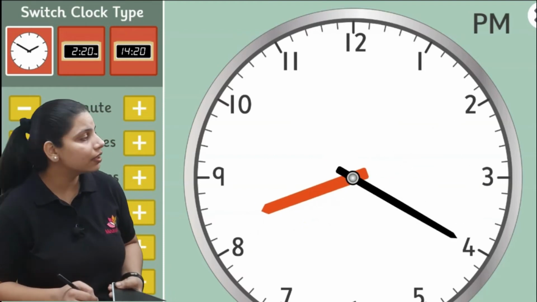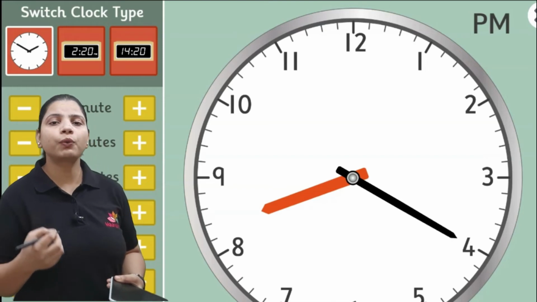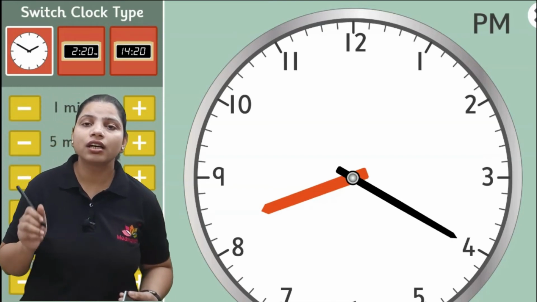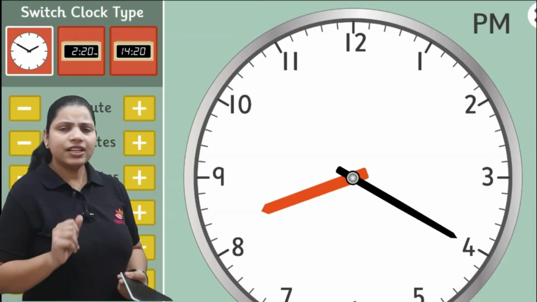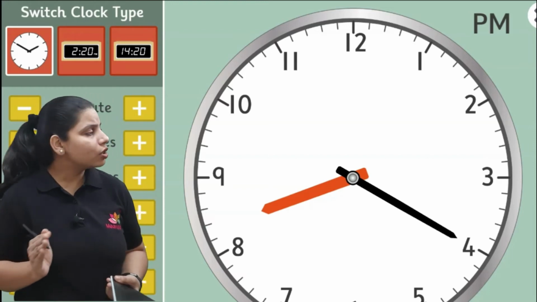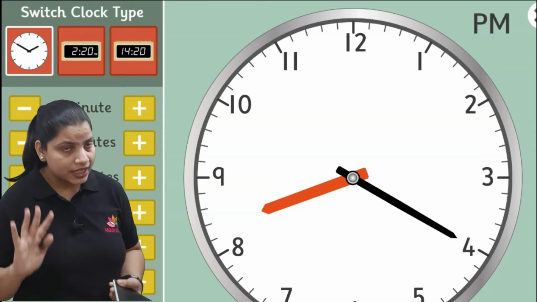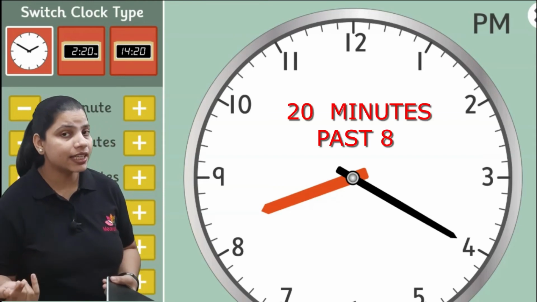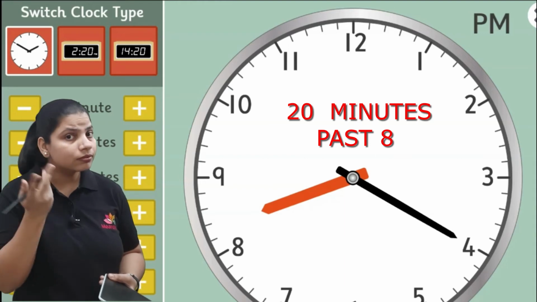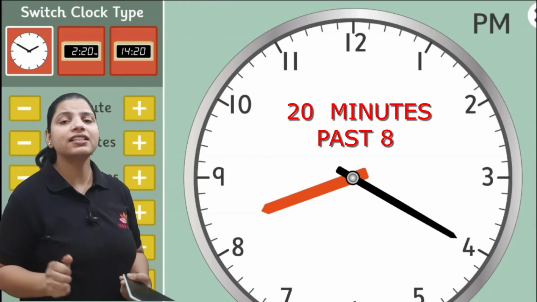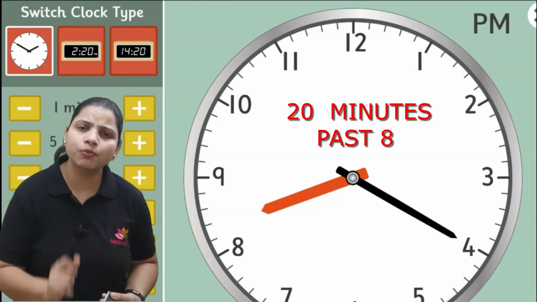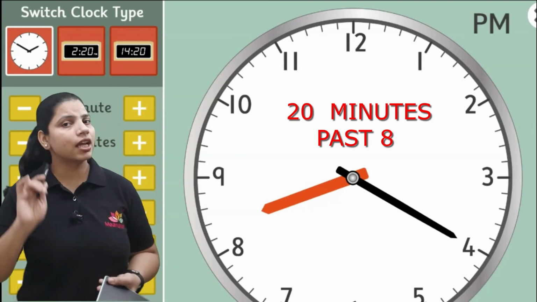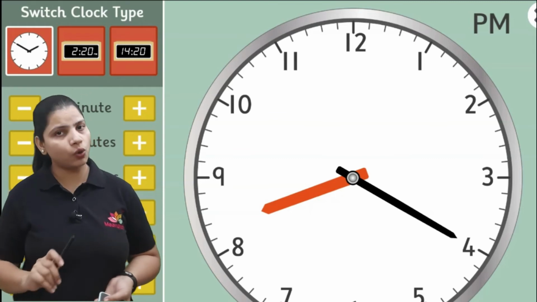Now tell me, the hour hand is between 8 and 9 and the minute hand is pointing towards 4. First we'll decide the minutes. So 5 fours are 20. 20 minutes past 8 or 9? 8, because past takes the smaller number only.